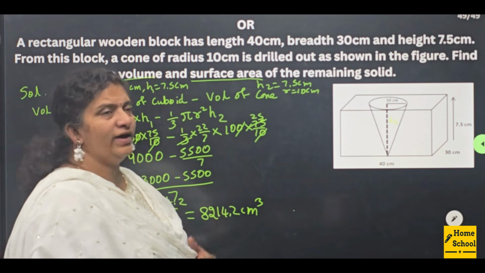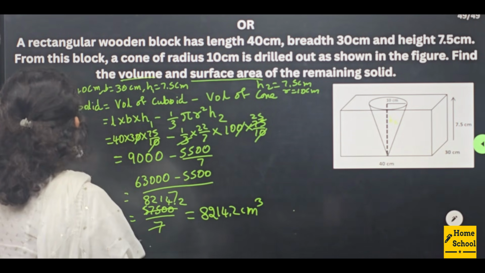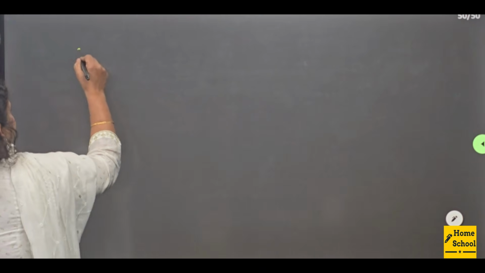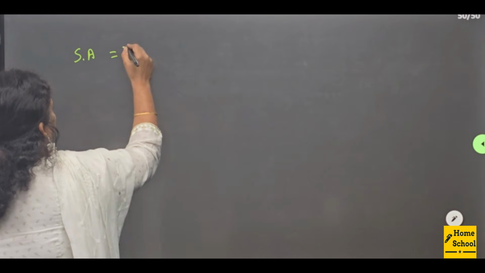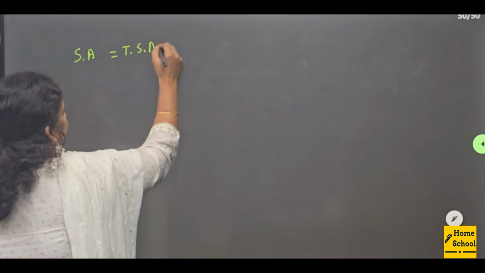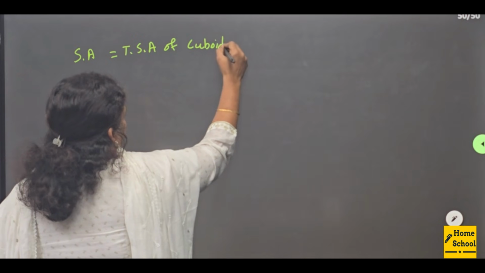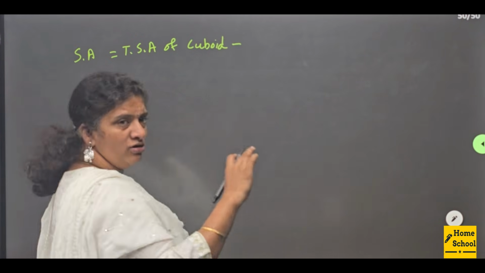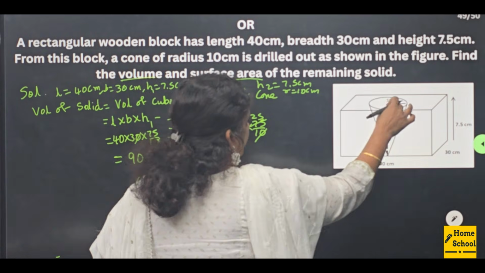Now we are going to find the surface area of the remaining solid in the next page. Surface area of the remaining solid is equal to, we can see total surface area of cuboid minus, I cannot see the top circle, right?